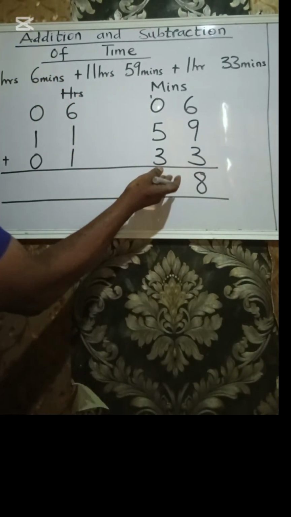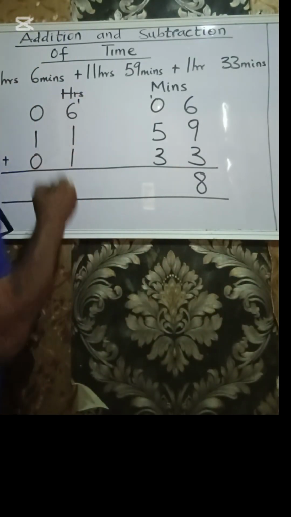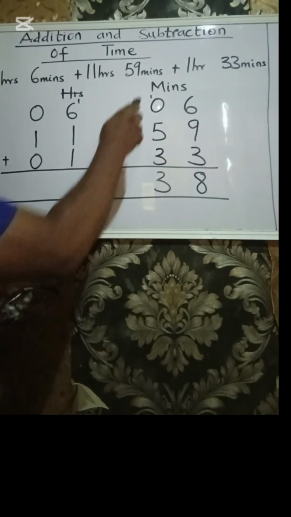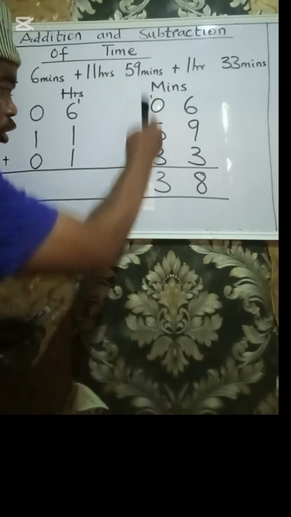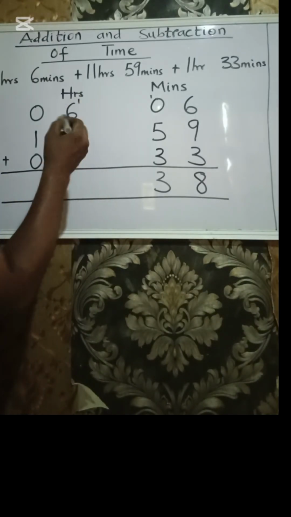Of course we can't write 9, so 6 goes in 9 once, remaining 3. We are done. We need to jump this order carefully, and we've done that. Good. Now all these are just normal. 1 plus 6, 7, plus 1, 8, plus 1, 9. We have 9 here and we have 1 here.